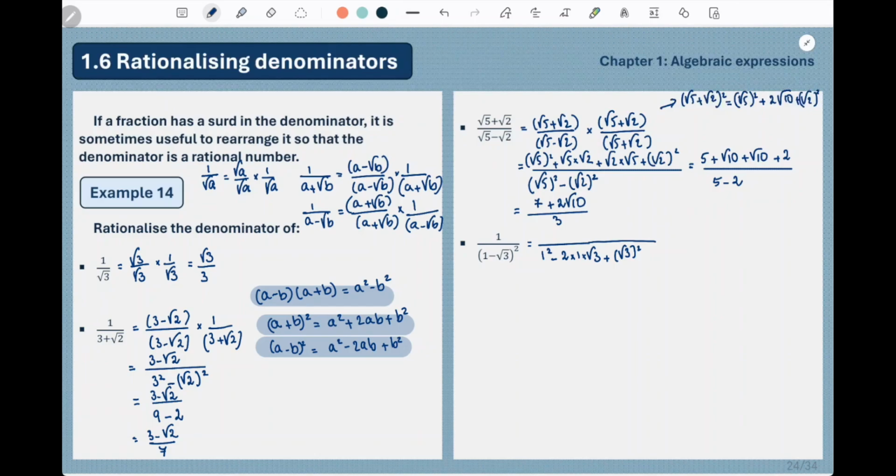So it's easy, it makes expansion quite an easy thing to do. And 1 remains here. Here I'm just expanding, I'm not doing anything. So I'm simplifying right now. So 1 minus 2 square root of 3 plus 3, which is equal to 1 over 4 minus 2 square root of 3.